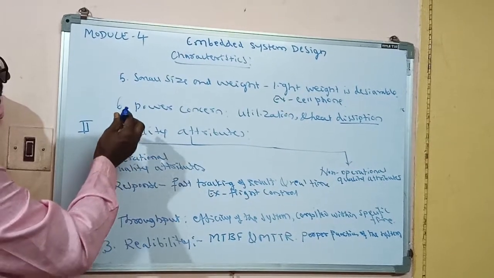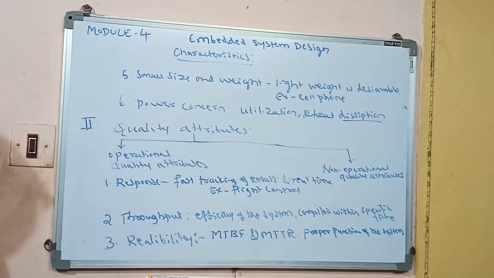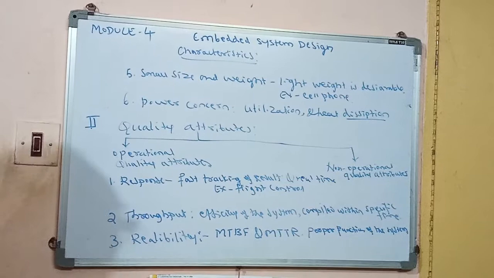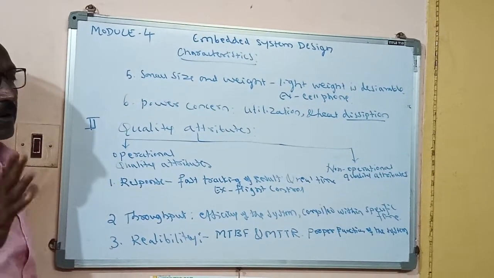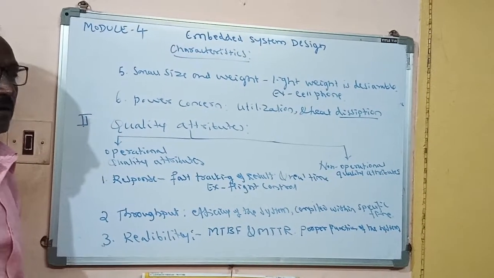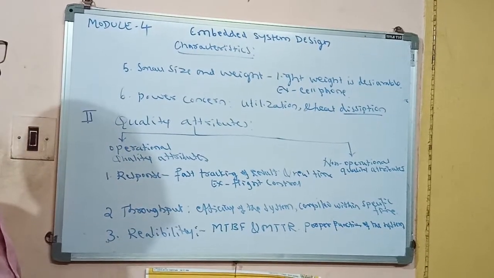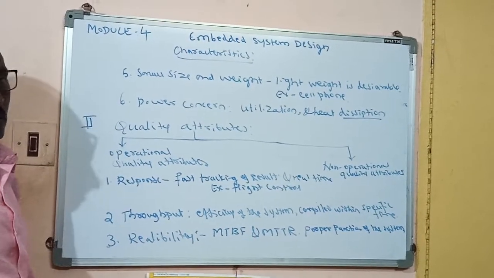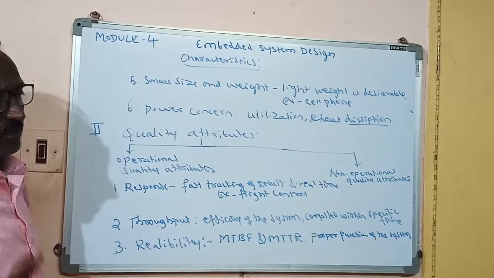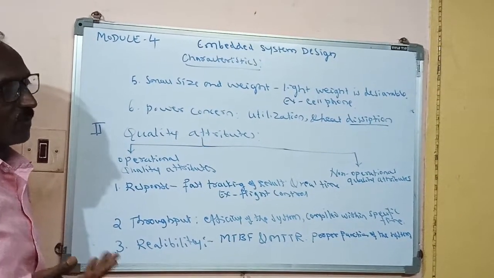And you come to another important characteristic, that is power conservation. Power conservation is most important. For example, take an embedded Android mobile, every day it consumes a huge amount of power, because power consumption depends on how many applications you are executing.